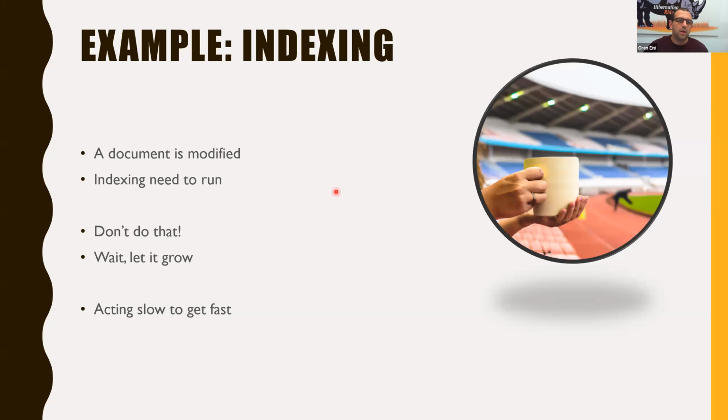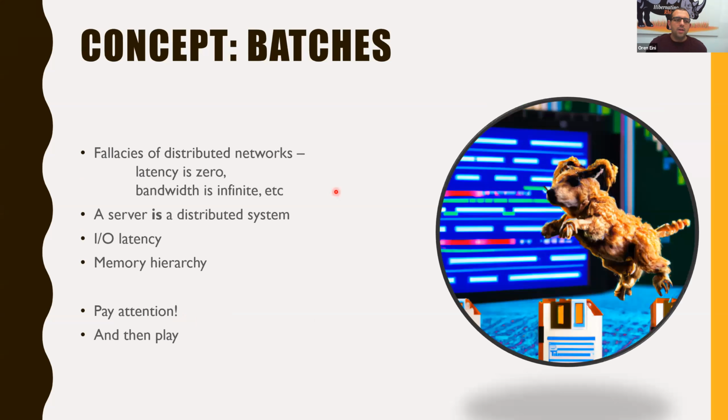Now, this is a really interesting concept, and it is a core concept for RavenDB. Why is that? Because if you're working in distributed systems, you might have heard the notion of the fallacies of distributed systems, where we have the notion of latency is zero, bandwidth is infinite, and people who make those sort of assumptions are going to end up in a really bad place down the line.